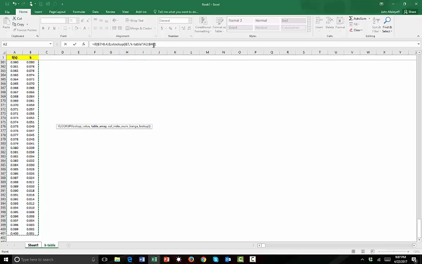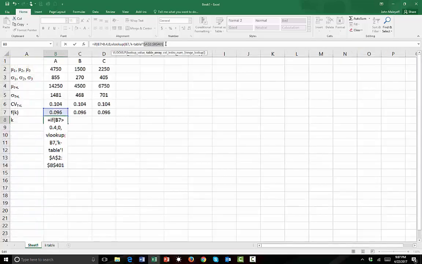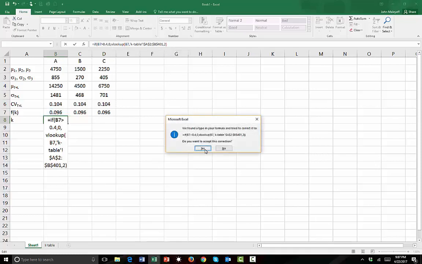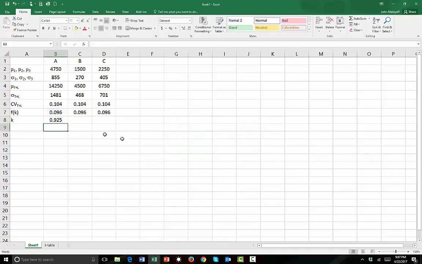Okay, and since we're going to be copying this, we want to actually put some dollar signs in front of the values there for the rows and the columns, and we're in the second column. I usually just say yes and hope for the best. And since we matched the number in the notes in the module, it looks like we have the right number.